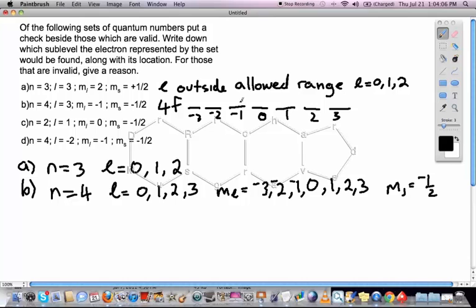The location is M sub L equals negative 1, and the M sub S is negative a half, which is going to be an electron pointing down. So that's what that would look like. So that's for part B.